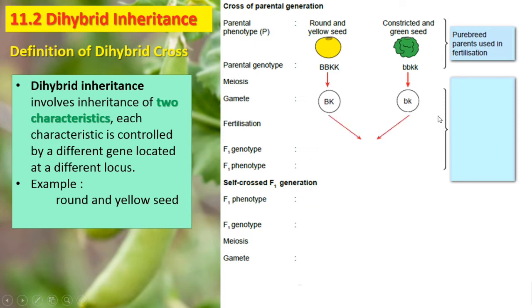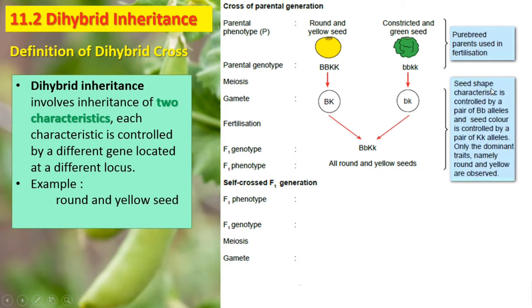So after that, the gametes will randomly fertilize and produce the first filial generation genotype: capital B, small b, capital K, small k. It will carry the phenotype round and yellow seed. So round and yellow seed are the dominant alleles.